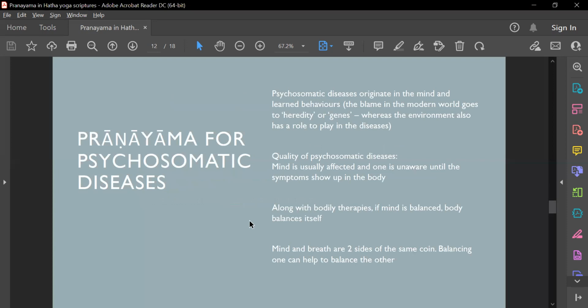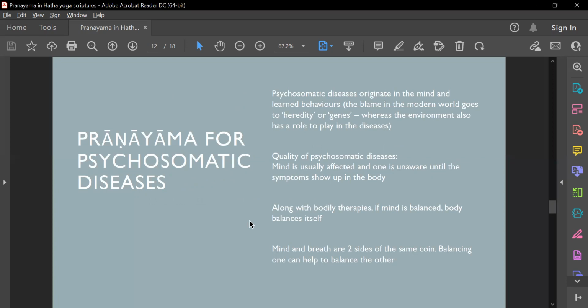So how can pranayama be used for psychosomatic diseases? Psychosomatic diseases have their origin in the mind and then they show up in the body. We usually misunderstand these diseases as hereditary, the root cause being the gene. Actually, the environment also has a role to play in the disease through learned behaviors.